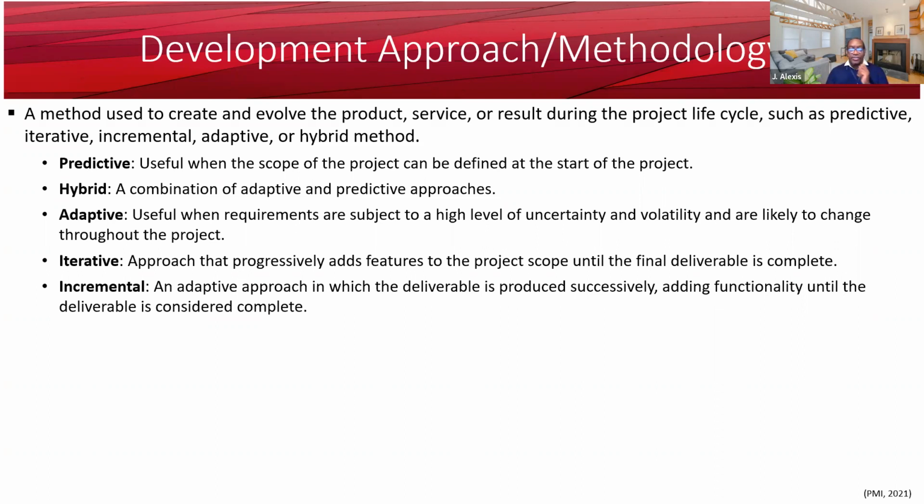It could be software development, or a project where you divide it into different phases and you iterate each phase or each part you want to accomplish. So these are the development approaches or methodologies that we often talk about in project management.